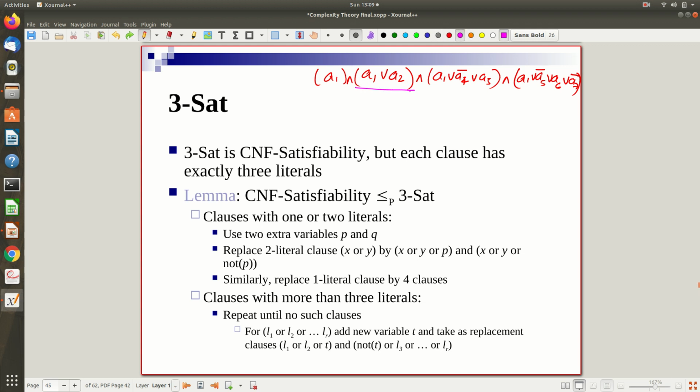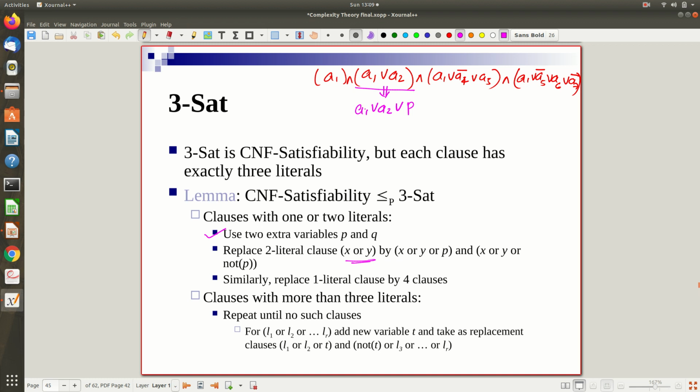What we are doing is introducing some extra variables. If I have a clause with only 1 variable, you introduce 2 more variables. If I have a clause with 2 variables already, say x or y, like here a1 or a2, I introduce 1 more variable. I write the same expression, a1 or a2 or this newly introduced variable, let me call it p, because I don't want to use any name from a1 to an.